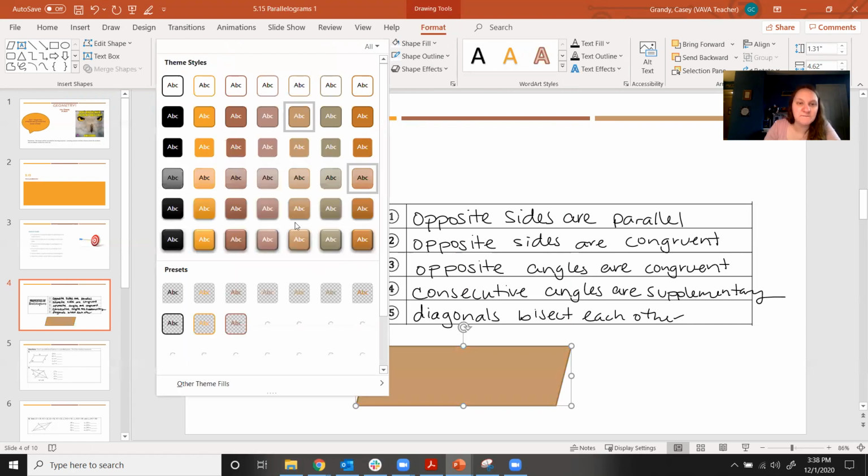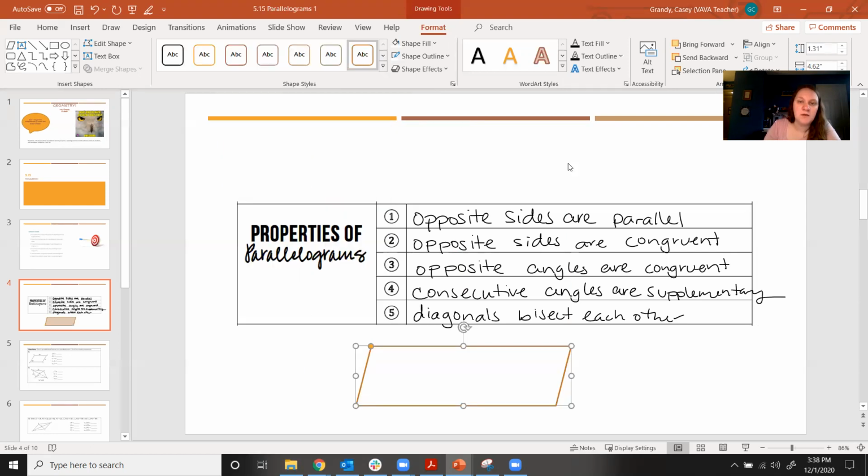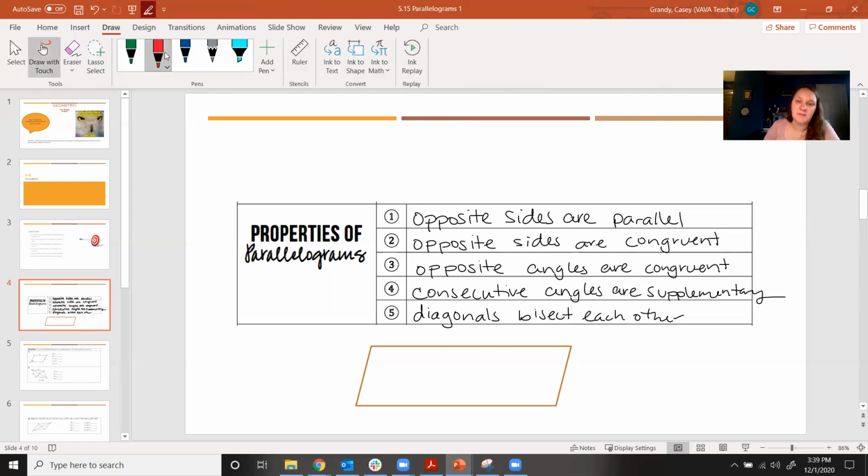Okay, so if I'm going to say the opposite sides are parallel, then I'm going to mark the opposite sides parallel. Remember, that's what these little arrows mean. So one arrow is parallel to the one arrow, double arrow is parallel to double arrows.